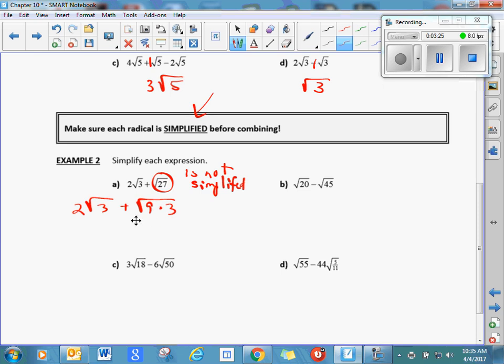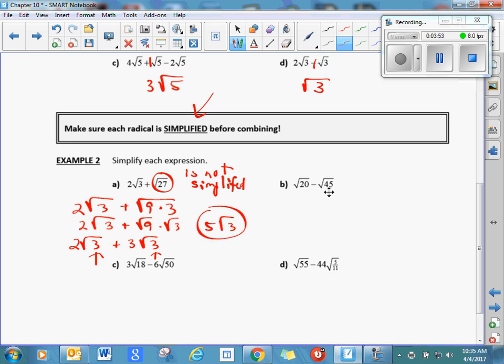And our property says I can split that up, so that's radical 9 times radical 3. And of course, radical 9 is 3. So when we simplify it, we end up with this. And now our radicands are the same. I've got 2 of them here, and I add 3 more, and that leaves me with 5 radical 3's for my final answer.